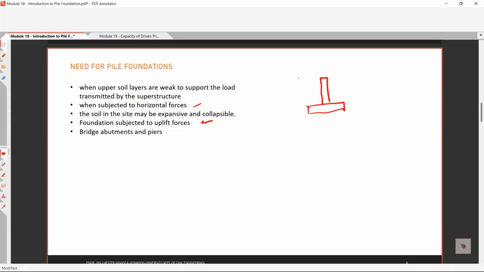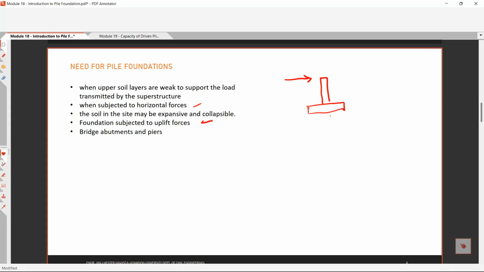Okay. So magkakaroon ng uplift yan kapag, 'di ba, if you recall yung formula for uplift is yung factor of safety against overturning is yung RM over OM, di ba? Yung RM over OM, righting moment divided by the overturning moment. So kapag hindi malakas yung righting moment mo, ay yung overturning moment mo, mag-overturn siya, di ba?